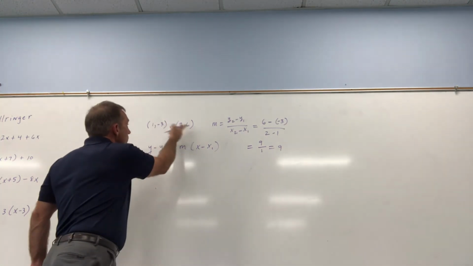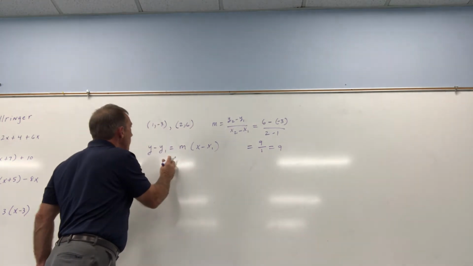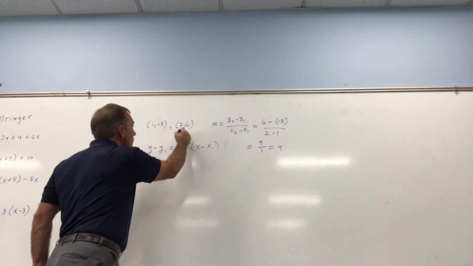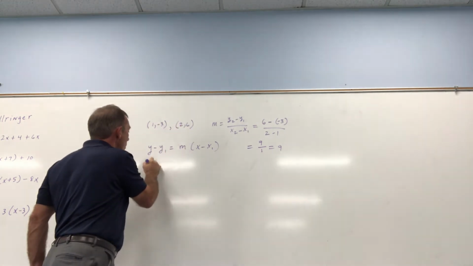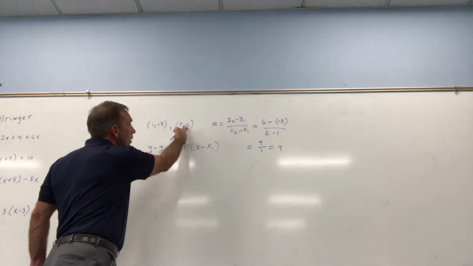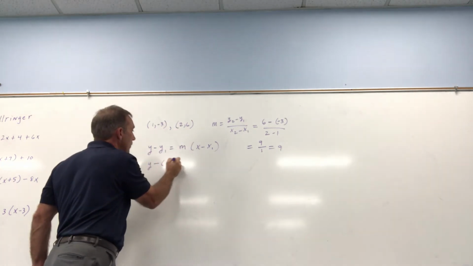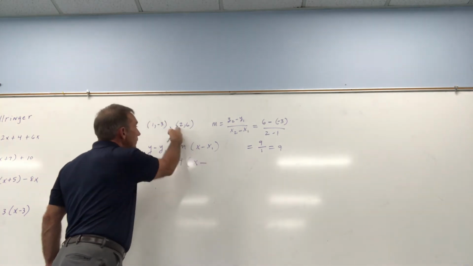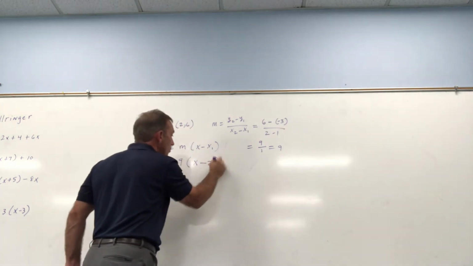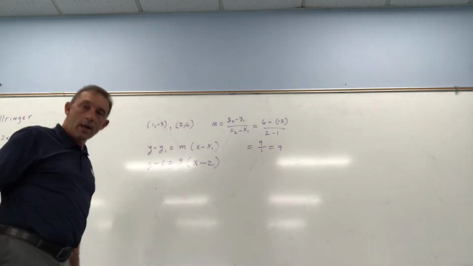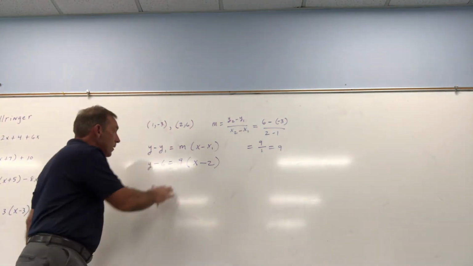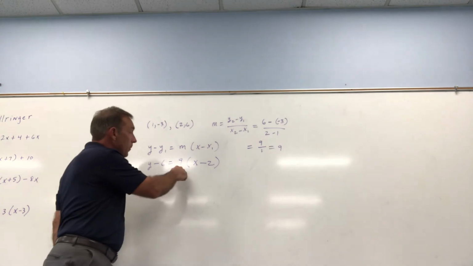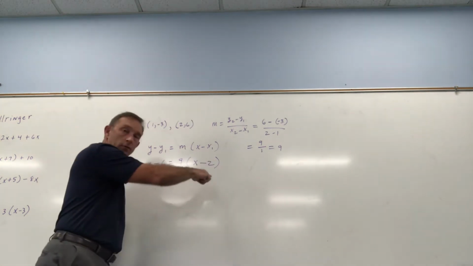And we can use either point that we want. I guess I'll use this one. So y minus y sub 1 is going to be 6. Our slope is 9. X minus x sub 1 would be 2. And that's the equation of the line in point-slope form, but we want slope-intercept form, so I'm going to distribute and then add 6 to both sides.